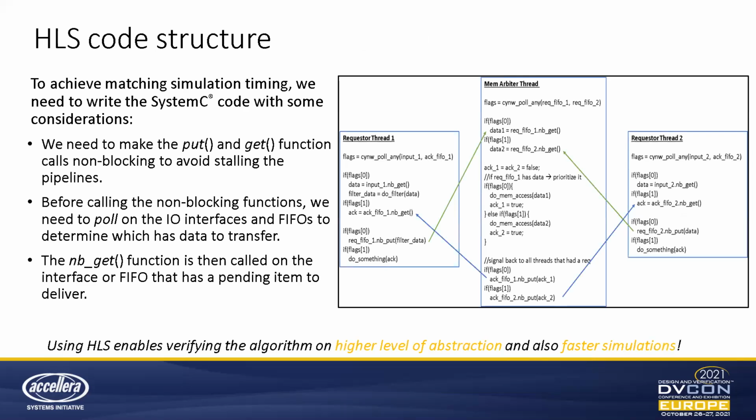To get matching behavioral SystemC and RTL simulation, we changed the SystemC coding style a little bit to make the simulations match. So the put and get functions are replaced with non-blocking versions, so they don't consume a simulation cycle. Also, we poll on the IO ports and the FIFOs to check who has an item to transfer.